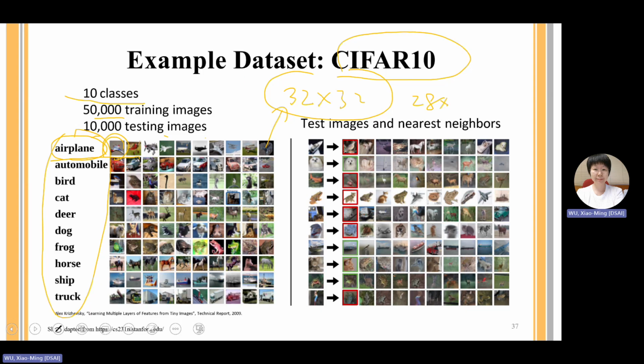Let's apply nearest neighbor to classify the images. For example, we are given these test images, and we have 10 classes and these training images. How do we apply the k-nearest neighbor algorithm for classification?